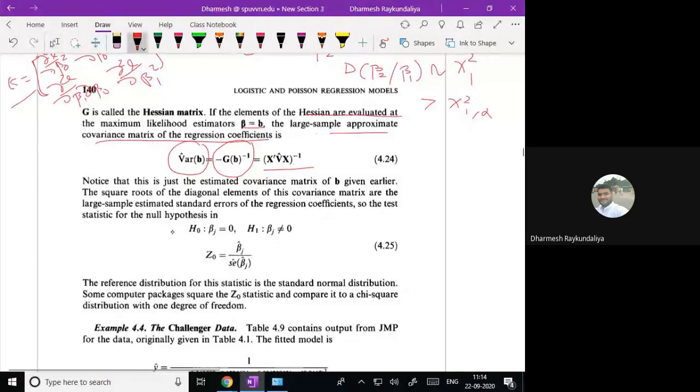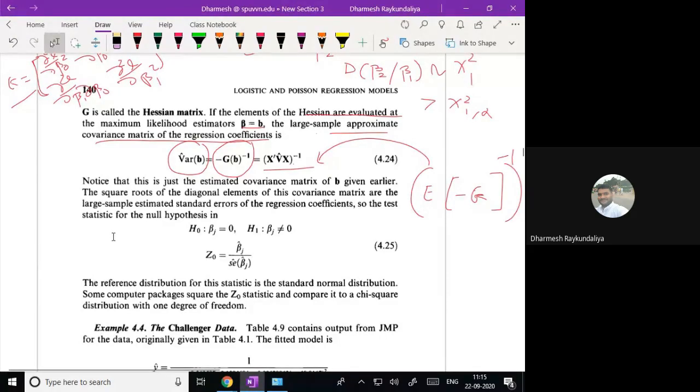If you remember, I told you to write the Hessian matrix, take minus of G, and its inverse gives the variance covariance of b, because we have considered sigma square equal to 1. That is how the variance covariance of b is X dash V inverse, or in our case we have taken W.